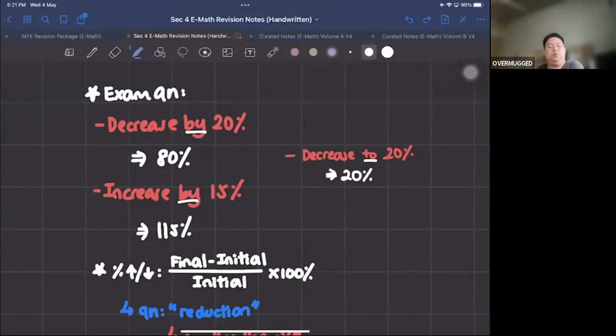So you must be very careful with the word by and the word to. Please don't just zoom in on the number and not read the word beside it. That is a very dangerous thing to do. If you're increasing by something, then you add that particular value in, so you'll be 115% for the 15% one.